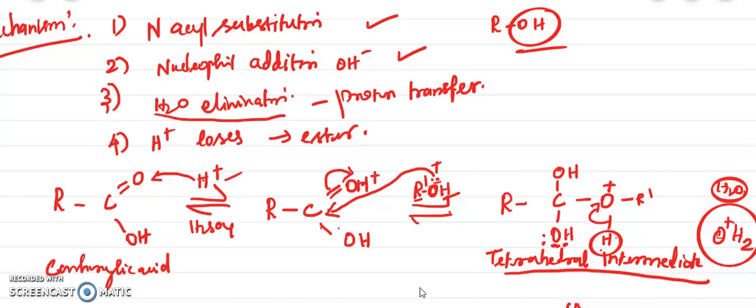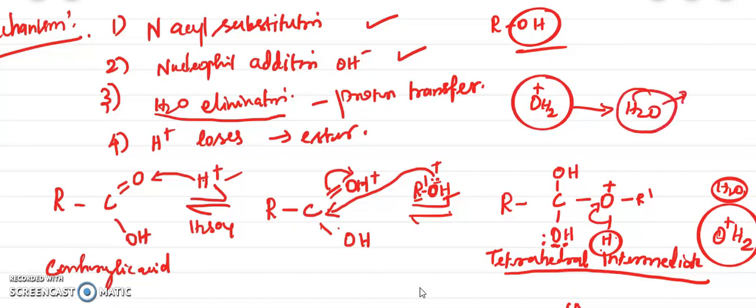The OH H2 plus ion is getting neutralized, converted into H2O as a neutral compound, and it is eliminated. Last, H plus is lost, and we got the ester. So this is the final product. This is the way the esterification is happening in the cleavage of the carbon and OH bond in the carboxylic acid.